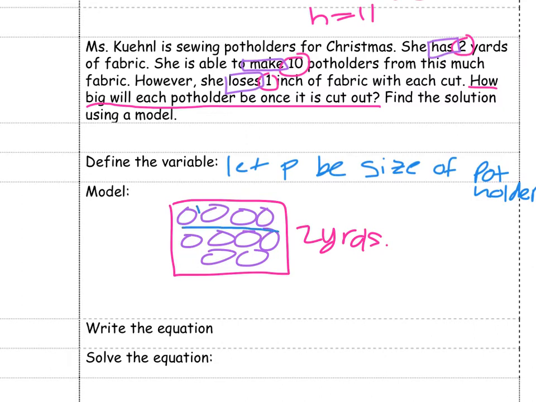So then the area, or like the space in between, this is where she's going to be losing that fabric. So it probably would have been easier if I did 2 rows of 5, but I'm here now. Okay, so the blue shows losing that 1 inch.